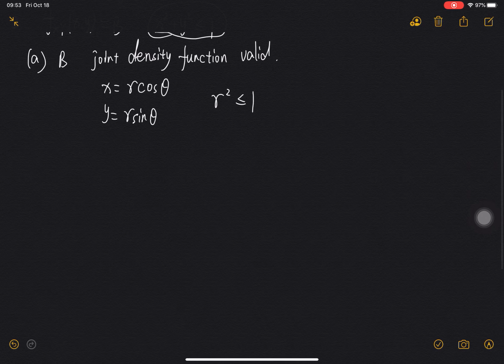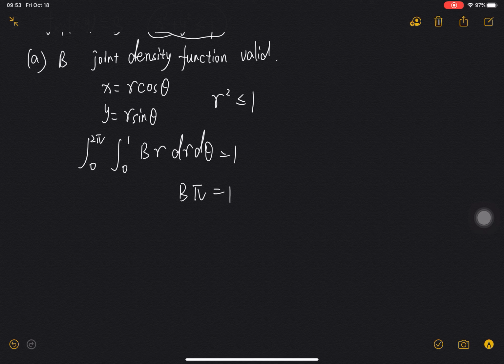Okay, let's do the integral. For theta, it's 0 to 2 pi, and for r, it's 0 to 1. So it's b times r dr d theta equals 1, and it's easy to get that the result is b times pi equals 1, and b equals 1 over pi.